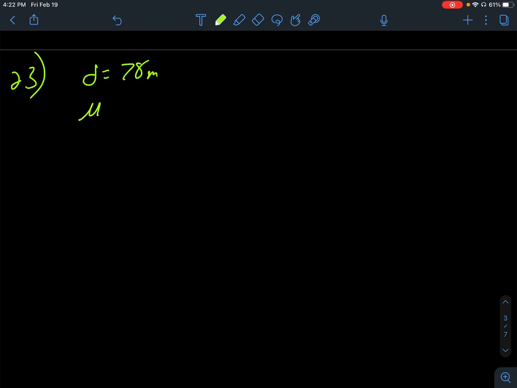This is going to be kinetic friction because we're sliding. And that's all the information we're given. We have to use this data to determine the speed of the car when the driver slammed on and locked the brakes. Why does the car's mass not matter? That could be a hint there.